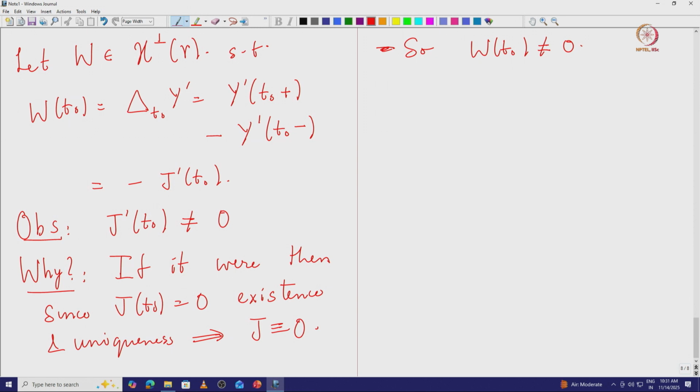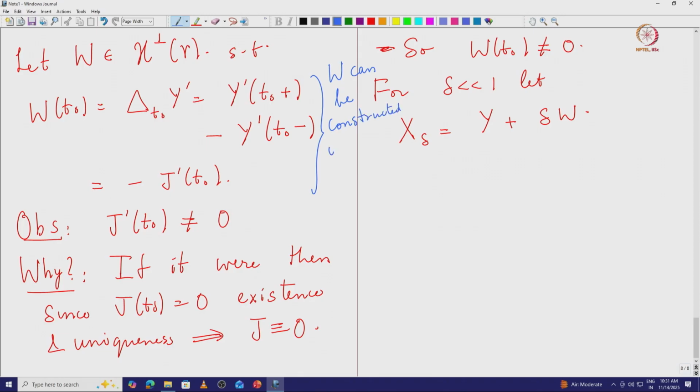Okay. All right. So then for delta small enough, let us consider the following vector field: X delta is this y plus a small perturbation in the direction of W. Note that W can be constructed using bump functions. We have done this sort of construction a lot of the time, so I am not going to elaborate on this.